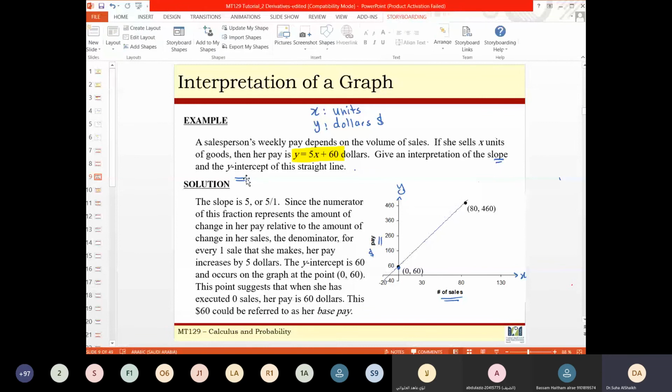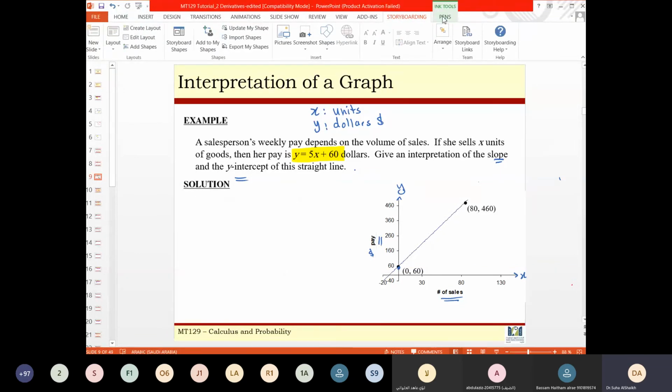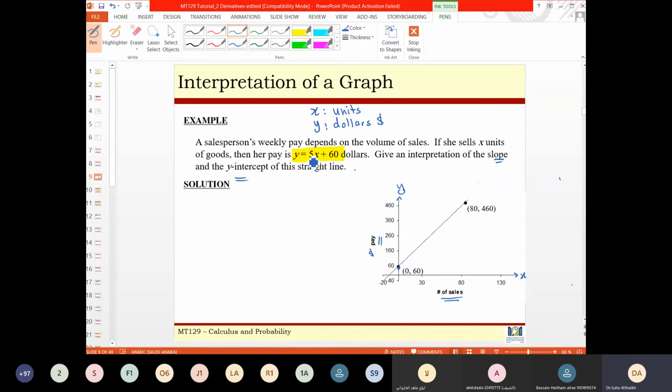Okay. Let me clear up the place here. I have a look first of all للسلوب. The slope is 5. The 5 is nothing but 5 على 1. Why? Because I want to talk about change في y على change في x. هذا السلوب is change y على change x. الحين what's y? Dollars. And what is x?